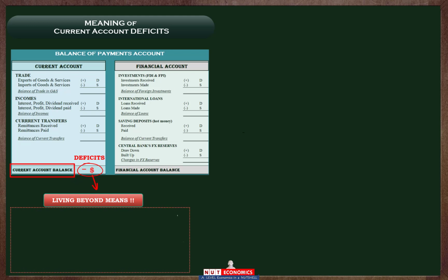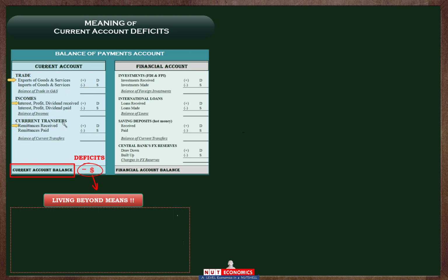Now, to understand that, you just need to look at this current account and remind yourselves that it's composed of 3 different subsections. So as far as the inflows of dollars within the current account are concerned, there can be 3 different sources.